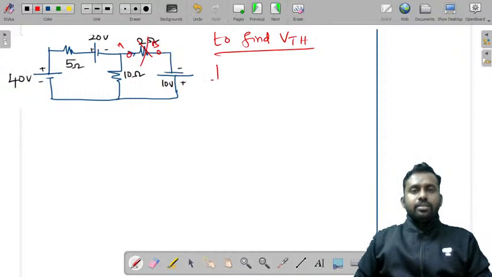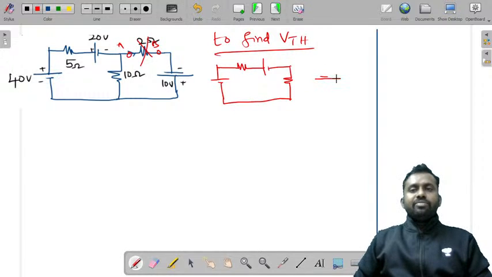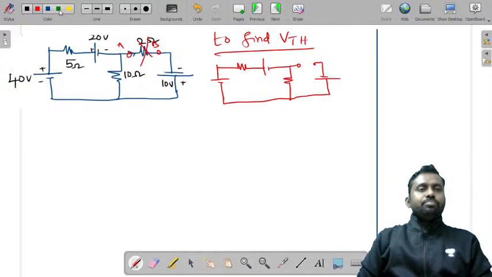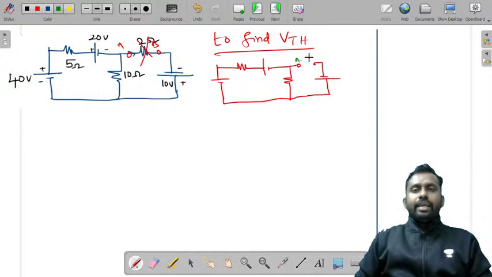So I'll do that. So this is 40 volts, a resistance, a voltage source again. You have this voltage source, this will be present, and you have a voltage source here as well, and this is an open circuit. Now this is A, B, and this is VTH, the voltage across these two terminals.